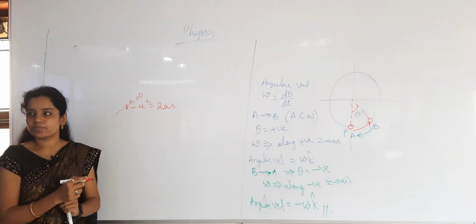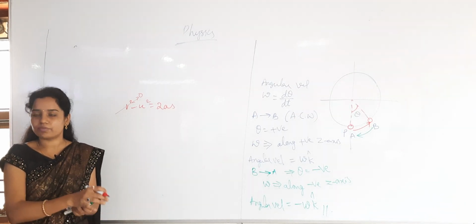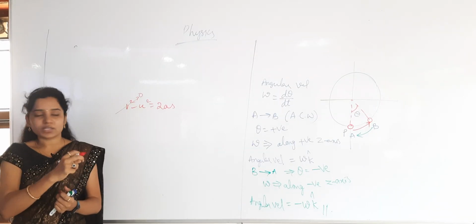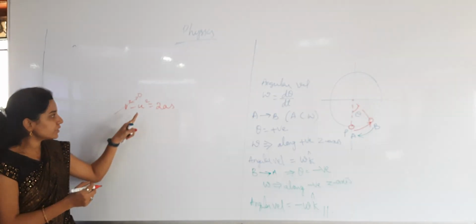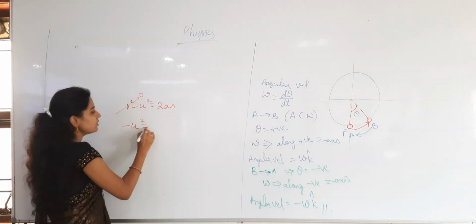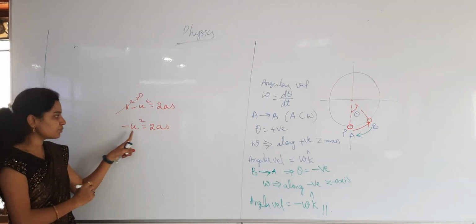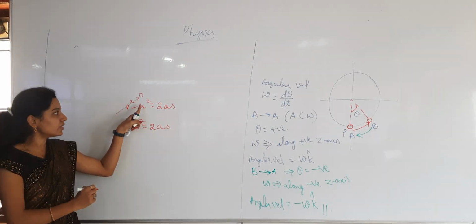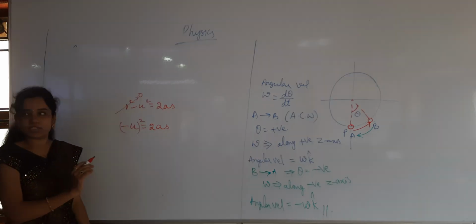By applying the brakes you decrease your speed. So the final velocity is 0, and we get minus u square is equal to 2as. Now, is acceleration positive or negative? Negative acceleration.